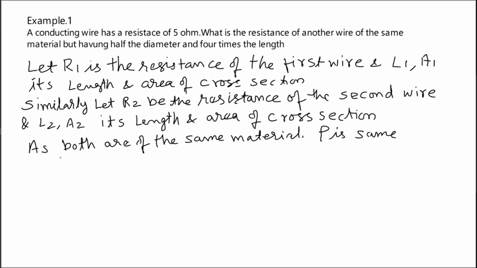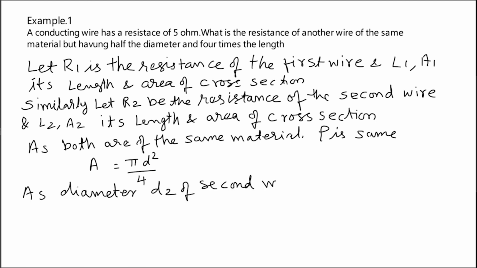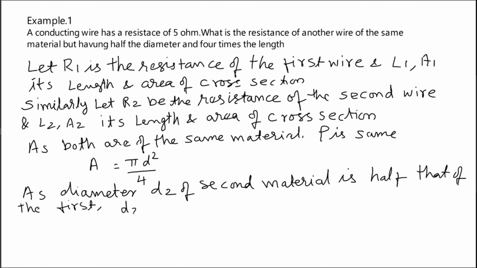We know that area of cross section A is equal to pi d squared by 4. As diameter d2 of second material is half that of the first, d2 is equal to d1 by 2, or d1 is equal to 2d2.